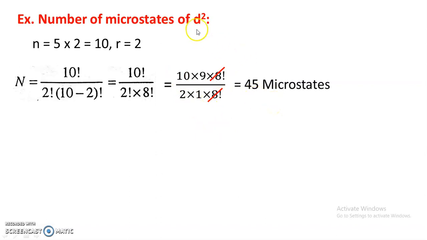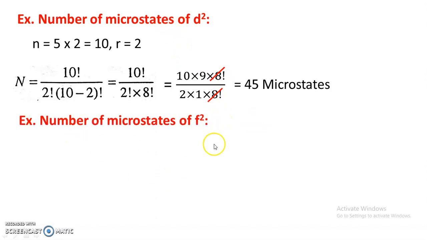The meaning of this is that for d2 configuration, or when 2 electrons are present in the d subshell, 45 different energy states are possible, or 45 allowed combinations of ml and ms are possible. So these are the 45 microstates for d2 configuration.